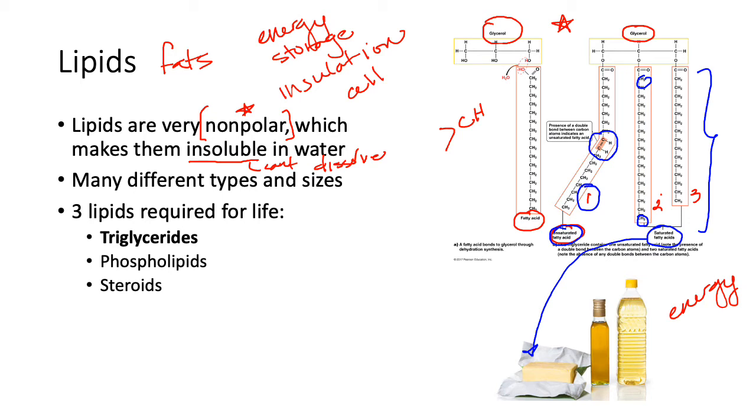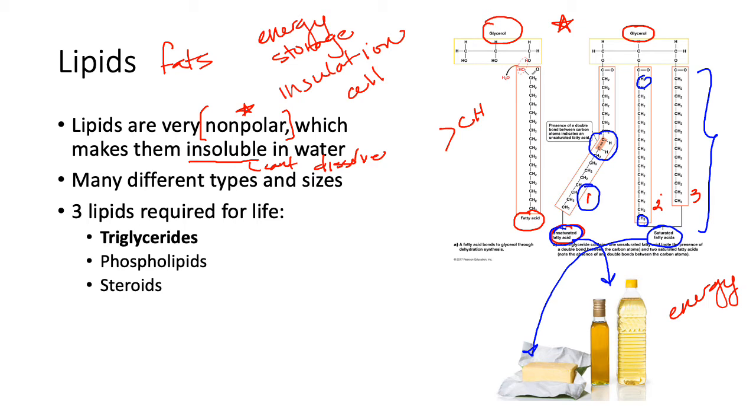But now imagine that I asked you to stand together but to shoot your arm out. So you have to hold your arm out at a 90 degree angle. And then I asked you to pack together. Now, if you're acting like an unsaturated fatty acid with that kink, it's going to be harder for you to pack. And so because of that, triglycerides that are mostly unsaturated tend to be liquid at room temperature.